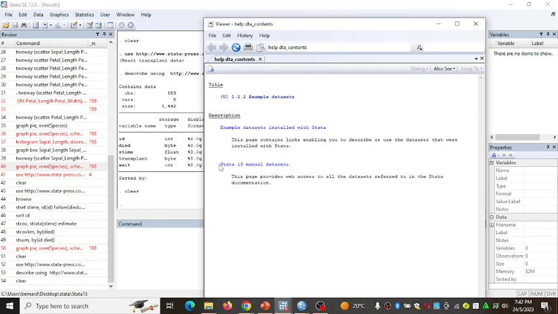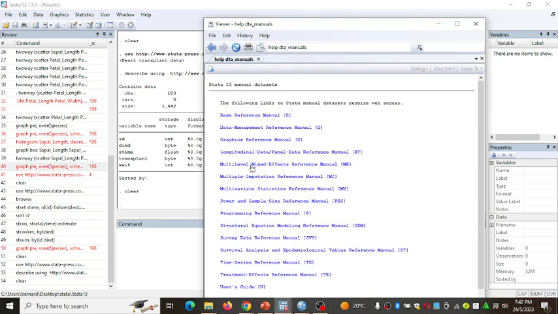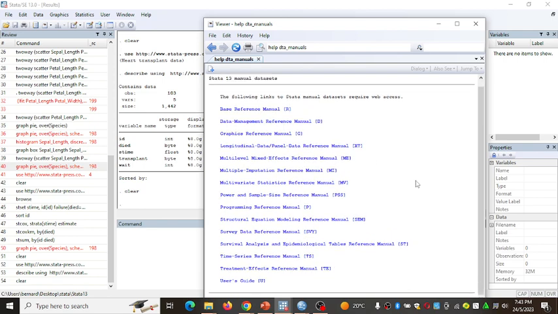We are going to use this one here, STATA 13 manual datasets. Or even if you have STATA 14 or whatever, make sure you click on manual datasets. Kuna data zitatoka hapo. So from this one, you click on survival analysis and epidemiological table reference manual.